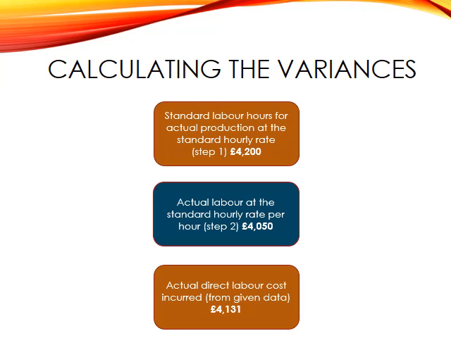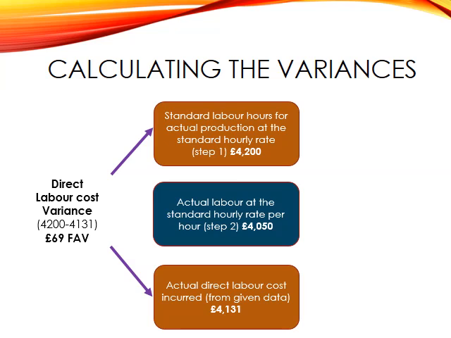And our actual direct labour cost was given in the scenario at the start of £4,131. We've previously calculated that direct labour cost variance at £69, and that's a favourable variance. But now we can calculate our efficiency and rate variance.